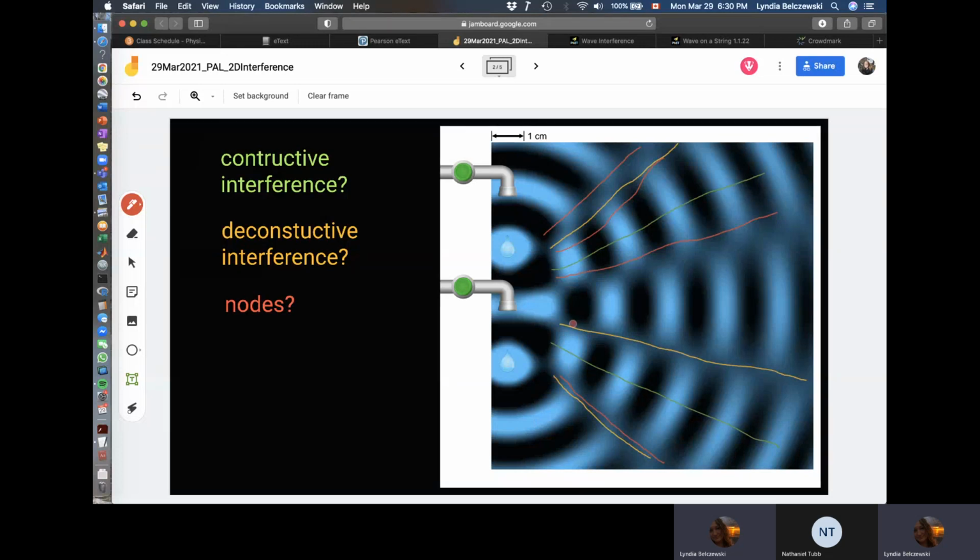But the nodes themselves are the lines that never change color. When you run the animation, these lines are always fuzzy, and those would be the nodes, because the waves are always canceling each other out completely, and so the water level doesn't change there. Nicely done. All right, let's move on to the next slide.